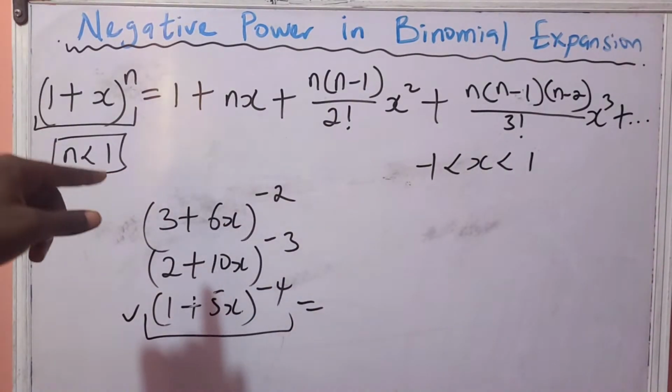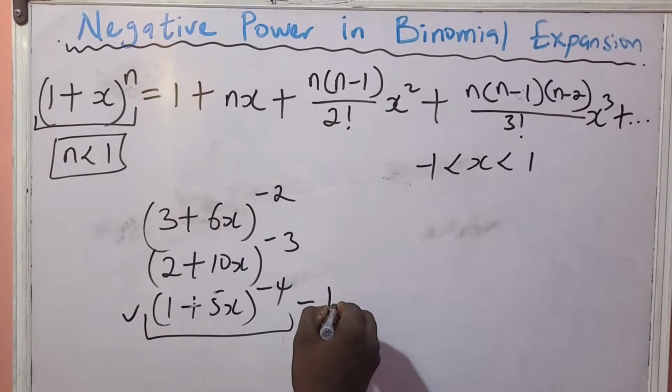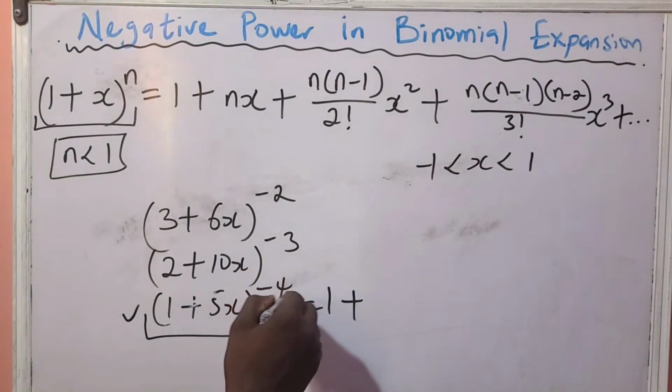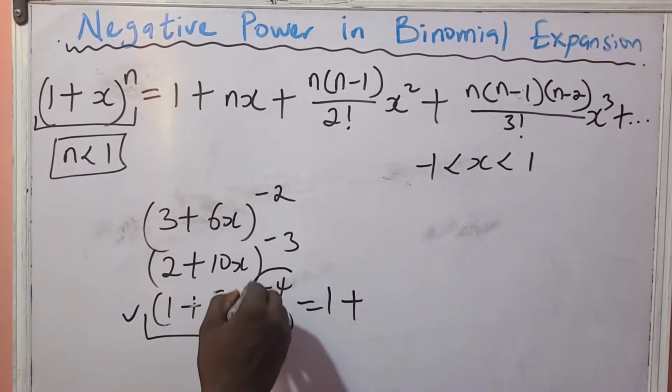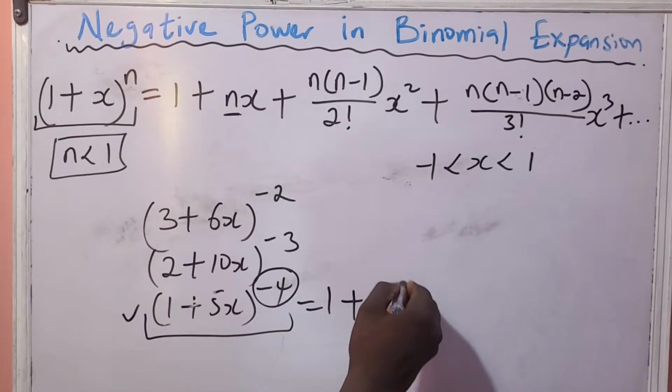Now, if you are dealing with this case where we have 5x, of course, this is not 1x like in this case. So all that will have to happen is that you have it as this. I would write 1 plus, let me just use the minus 4. You know, our n here is minus 4. So n here will be minus 4.